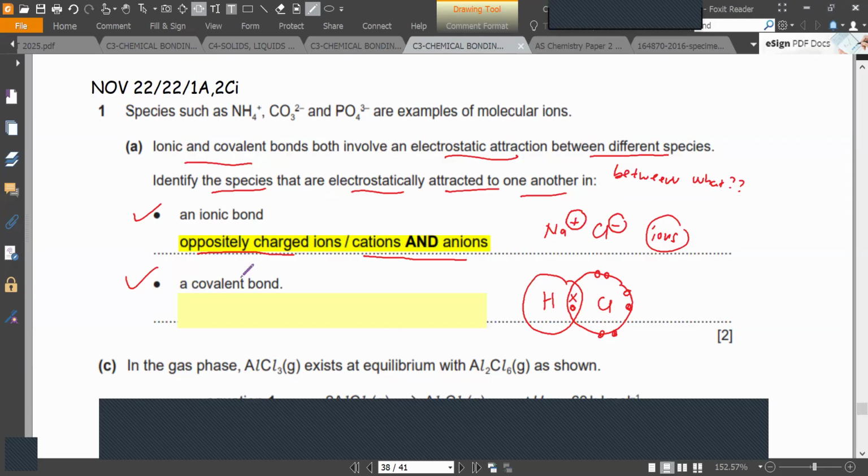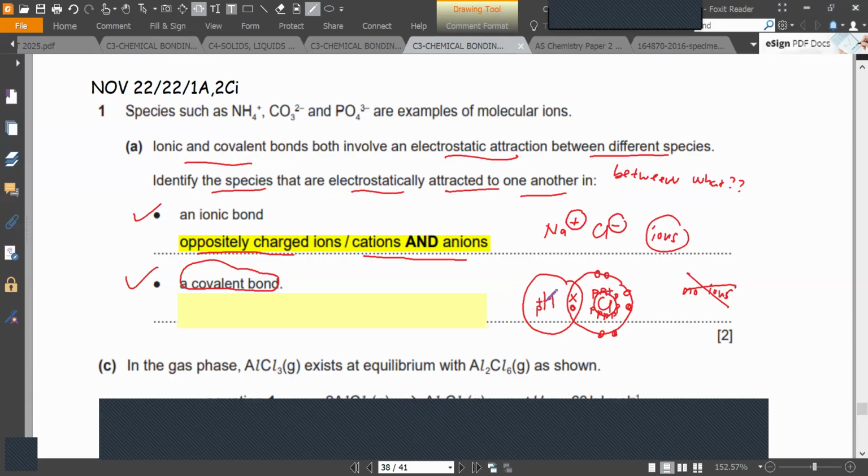So what is a covalent bond? In a covalent bond, we see there are no ions. So it's not attraction between ions, it is the attraction between this. The chlorine nucleus has 17 protons, which are positive, and the hydrogen also has 1 proton.